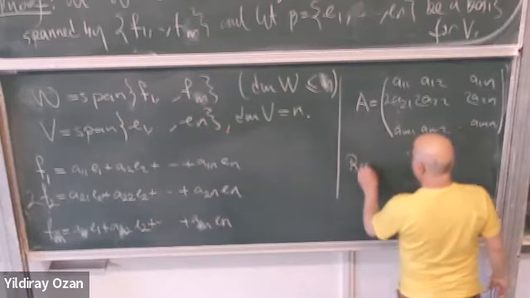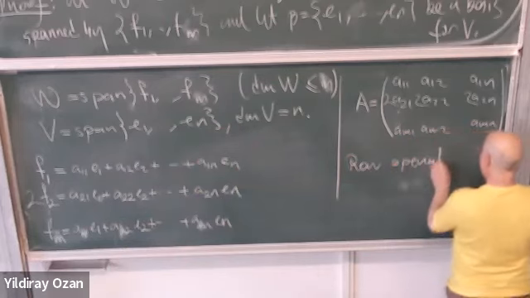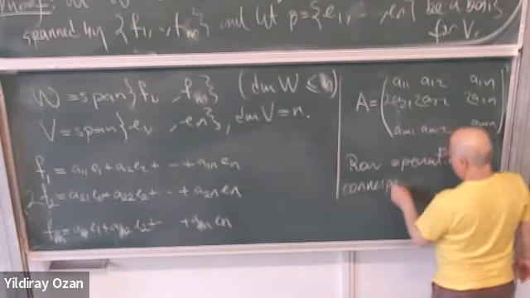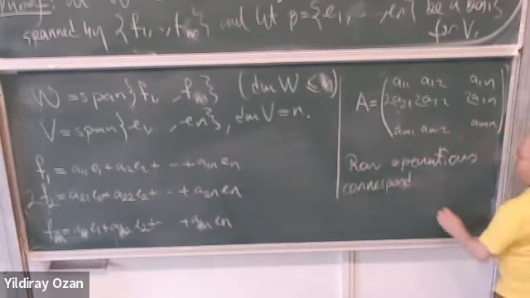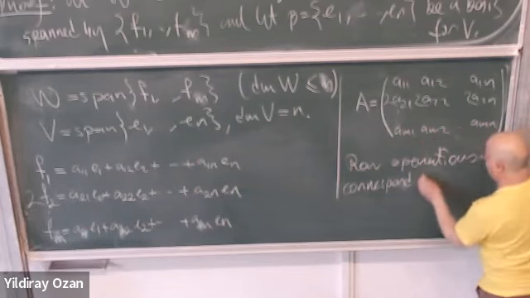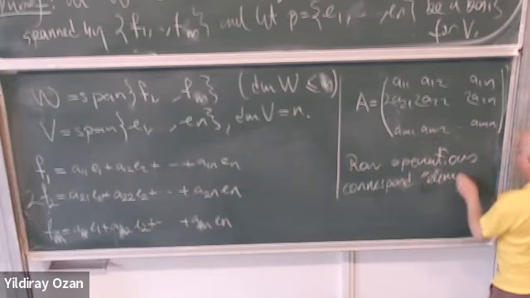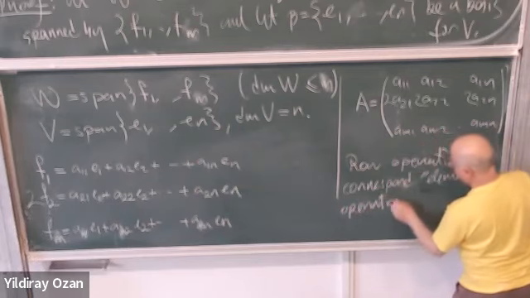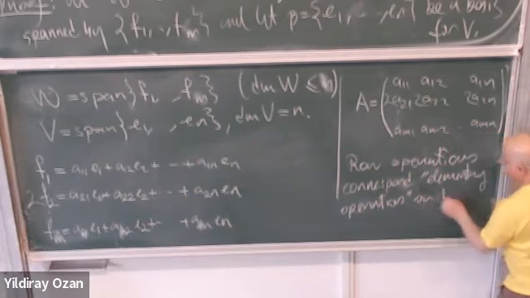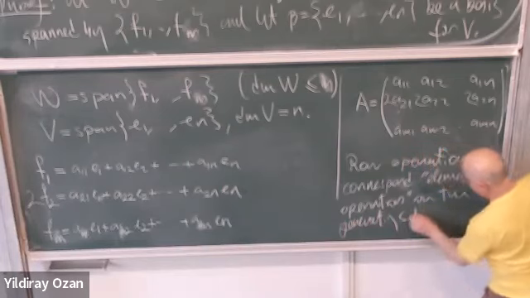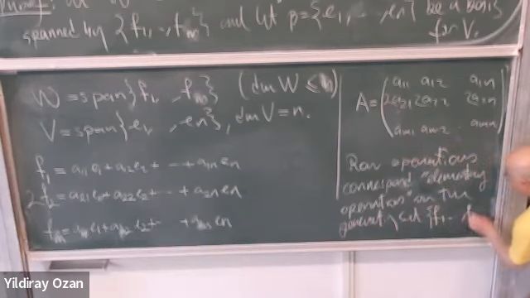So row operations correspond to elementary operations on the generated set F1, Fm.